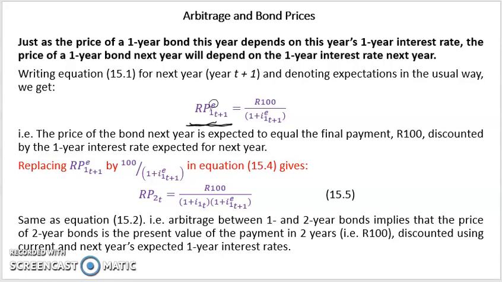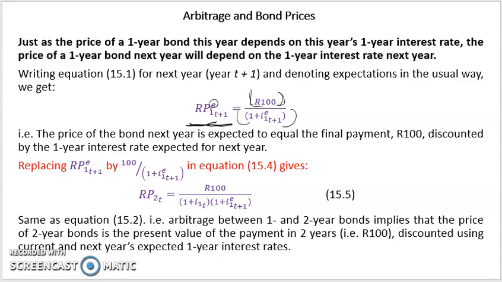So this would mean that now the price of the bond next year is expected to equal the final payment, which is the 100 Rand, the final payment at the end of the term, discounted by the 1-year interest rate expected next year. So we simply discount the full payment by the interest rate that is expected next year.